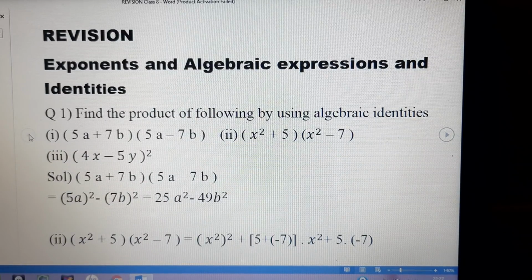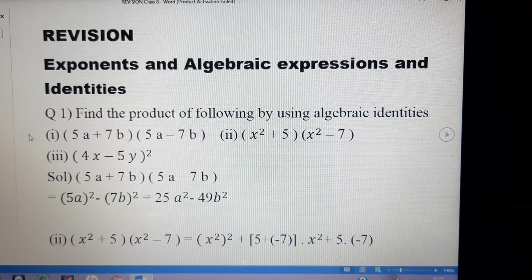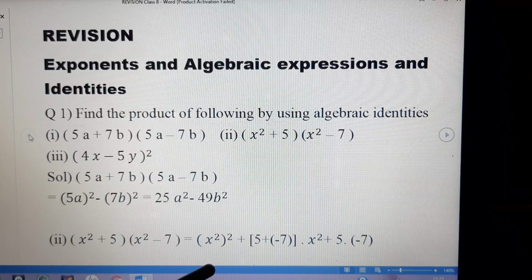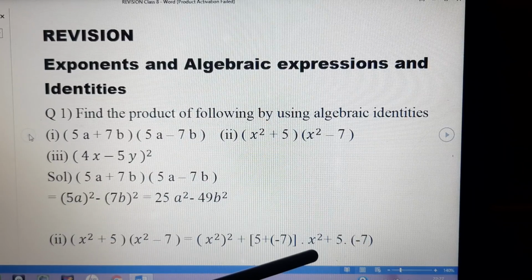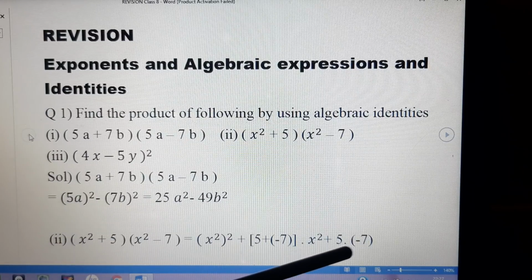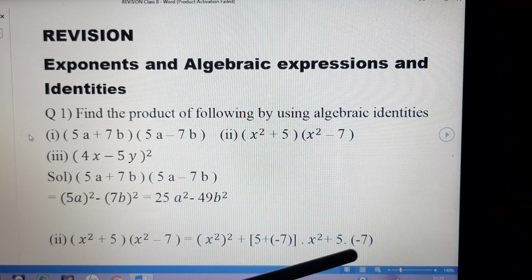So we'll use the formula. The formula says (x plus a)(x plus b) is equal to x square plus (a plus b) into x plus ab. So we have applied the formula here. x square, so x is x square, plus (a plus b), a is 5 plus b is minus 7, written in a small bracket, into x, x is x square, plus a into b, so 5 into minus 7.